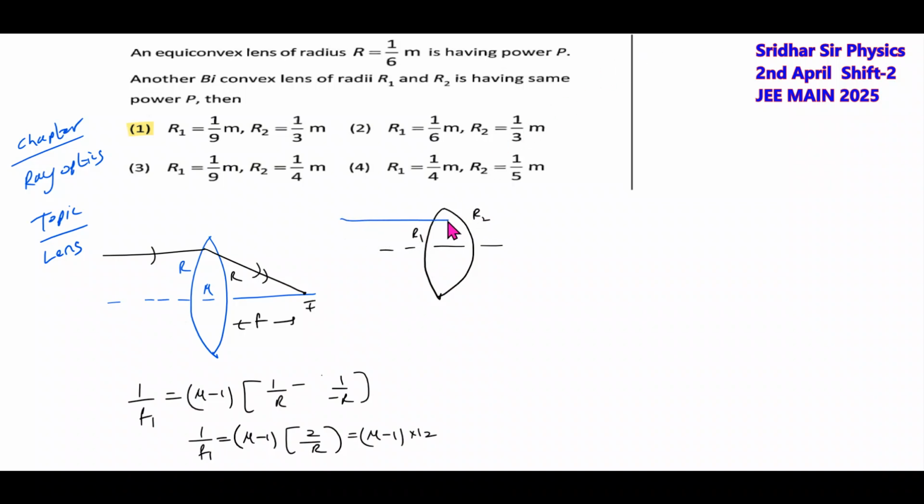Ray incident, it will have the focal length f2. Different radii it is having. Then what should be the formula for this? 1 by f2 equal to mu minus 1 into 1 by r1 minus 1 by r2, just based on the lens maker formula.